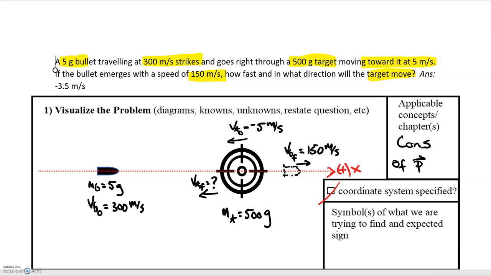And so after the collision, we still expect there to be some momentum to the left. So the most likely probability is that the velocity of the target is pointed towards the left and is negative. Just writing down here to finish up, we are looking for the final velocity of the target. The best guess is negative. If you get it wrong, that's okay. Again, it's just a guess to think about what direction we expect it to turn out to be.